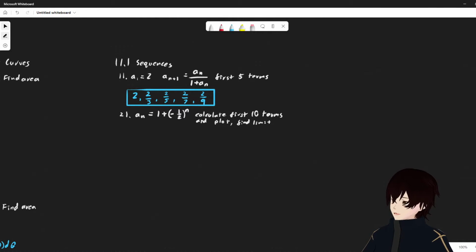But I think I know a better way to do this. 1 plus negative 1/2 to the power of n. This function definitely does have a limit.